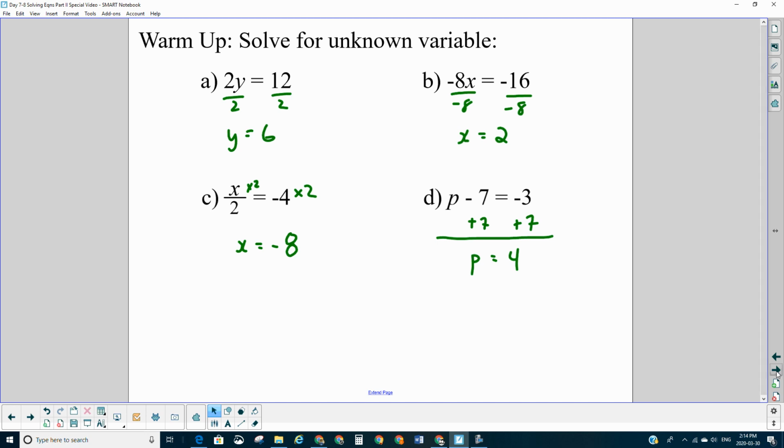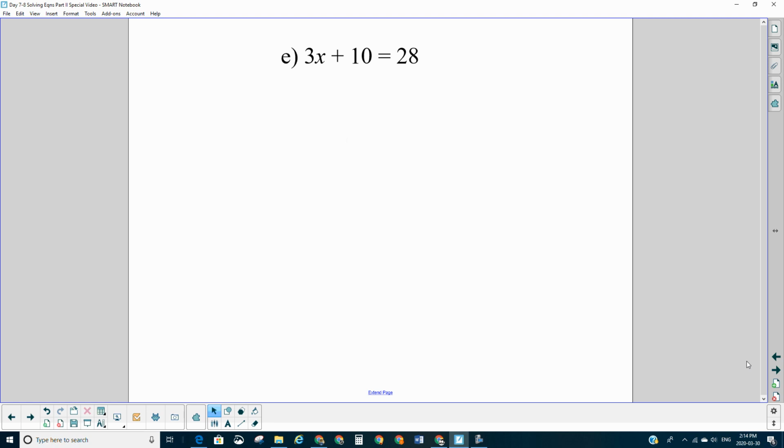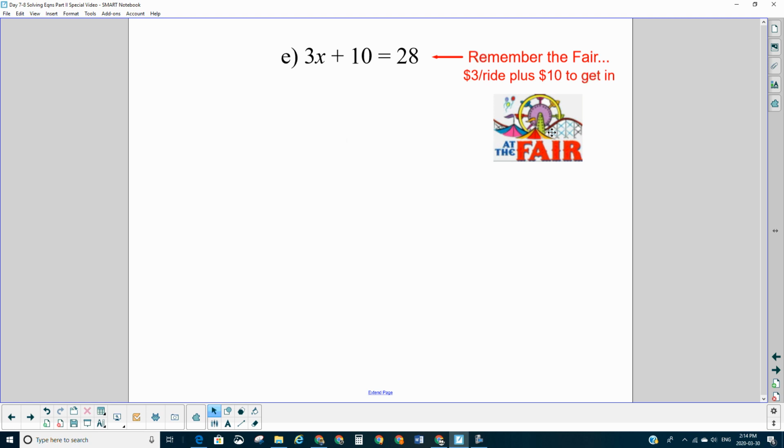And now we'll move on to solving more equations, but with 2 steps. Actually, sorry, one more example. This just ties back to our fare question where we have $3 per ride plus $10 to get in. So these are the types of questions we're going to look at in this lesson, but recognize that the same idea still applies.